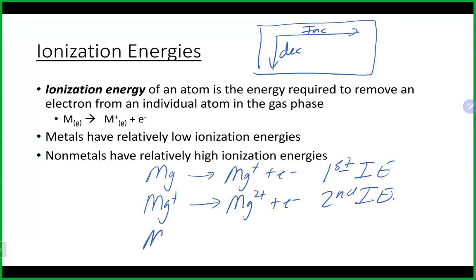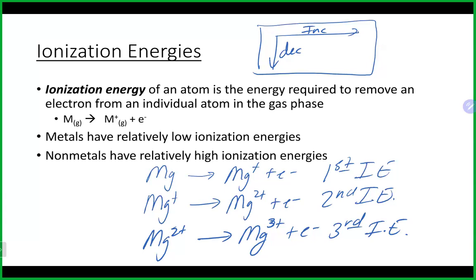And then this guy with a +2 will lose one more electron, which will give it a +3 charge, and that would be the third ionization energy. So each of these ionization energies is the energy required to remove one electron: the first ionization energy is for the first electron, the second for the second, the third for the third, and the fourth for the fourth.